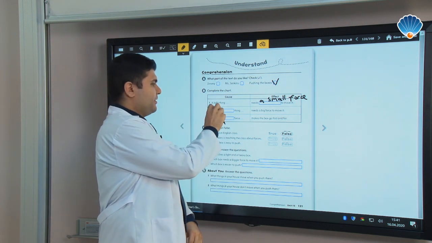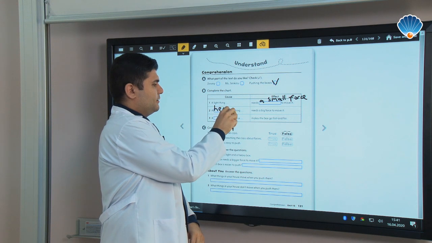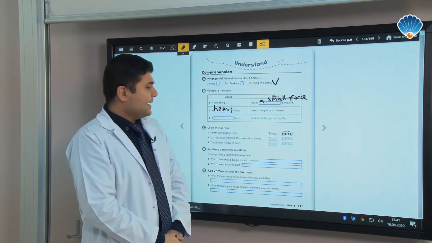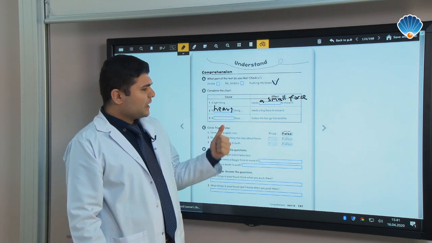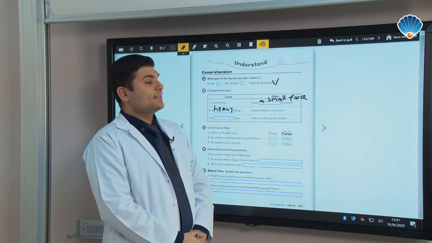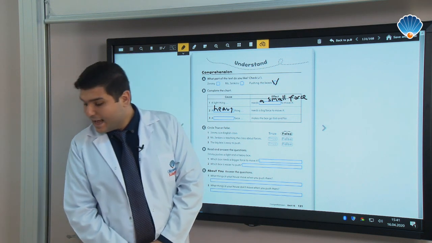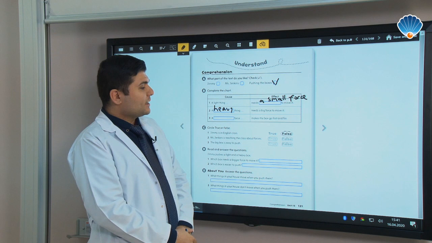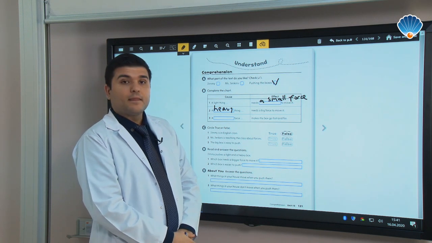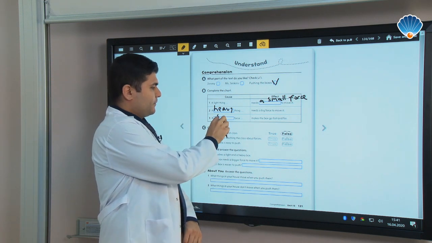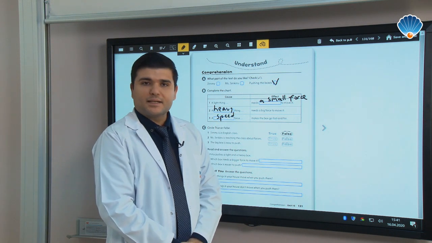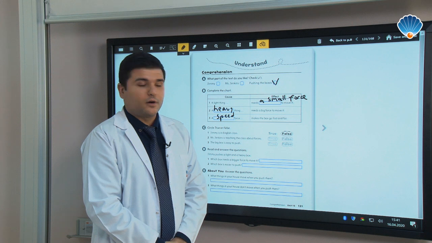Of course, a heavy thing, right? A heavy thing needs a big force to move it. And the last one, a blah blah force makes the box go fast and far. So what's the answer here? Speed, right? A speed force makes the box go fast and far, okay?